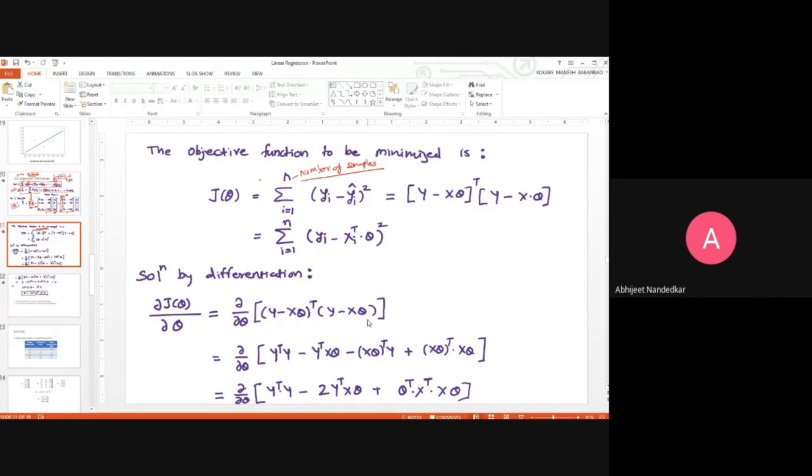You expand this, and it will look like this in the second step: y transpose y minus y transpose x theta minus x theta transpose y plus x theta transpose x theta. If you simplify, it will be y transpose y minus 2 y transpose x theta plus theta transpose x transpose x theta. Okay. So next.